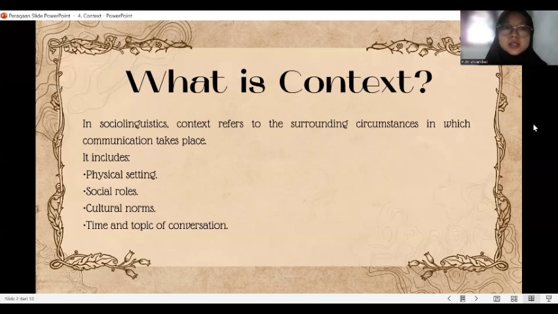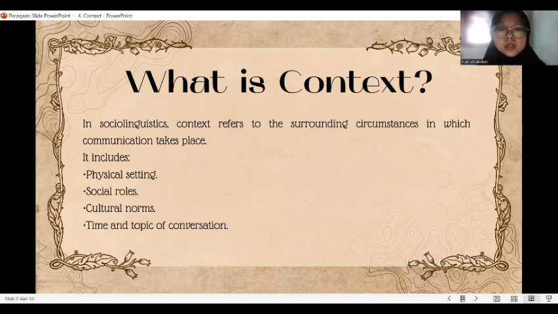What is context? In sociolinguistics, context refers to the surrounding circumstances in which communication takes place. It includes, the first is physical setting, where the communication takes place, like home, school, hospital, online, and etc. The second is social roles, who is speaking and to whom.